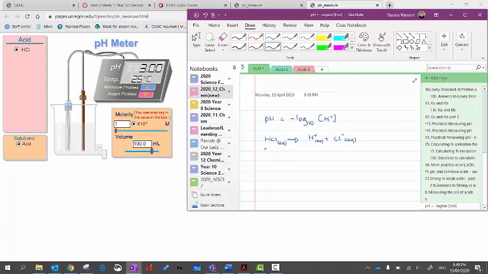And since we've got a concentration of 0.001 moles per liter of HCl, that means that we will also have a concentration of 0.001 moles per liter of H plus ions and 0.001 moles per liter of chloride ions.